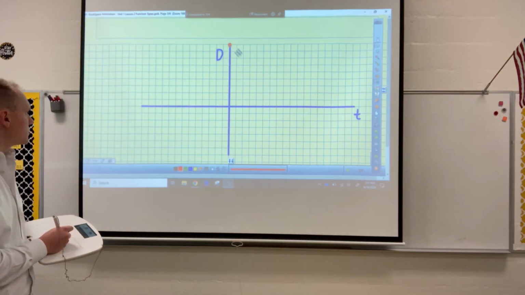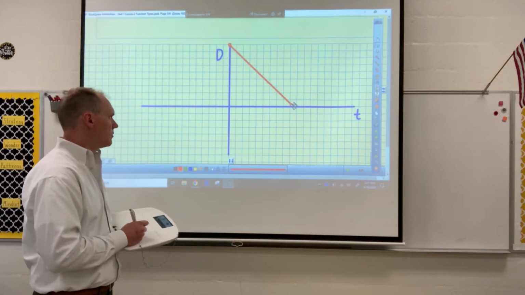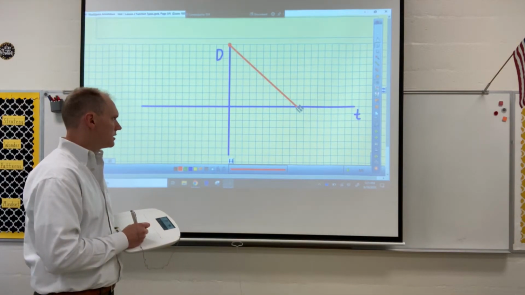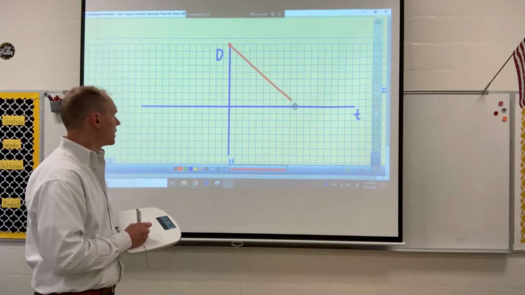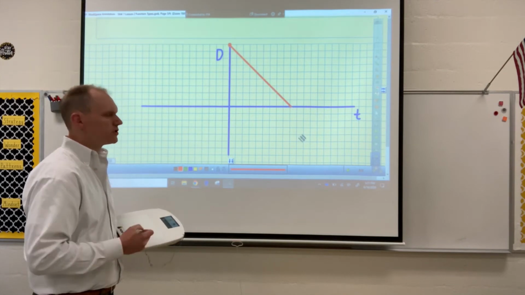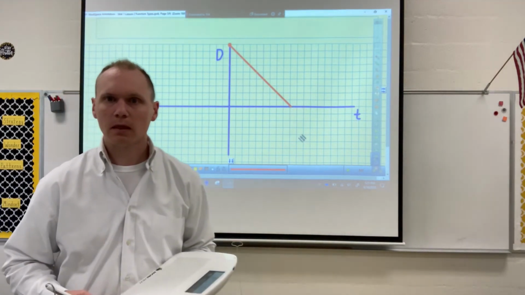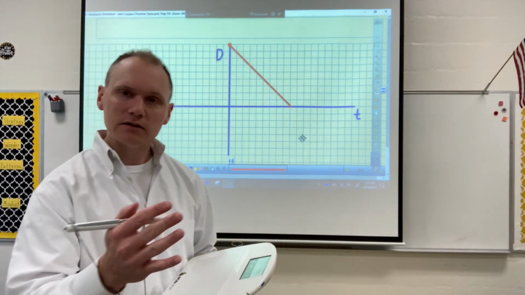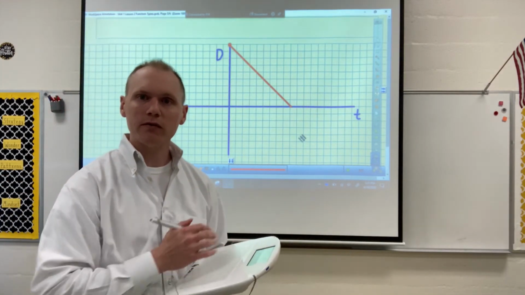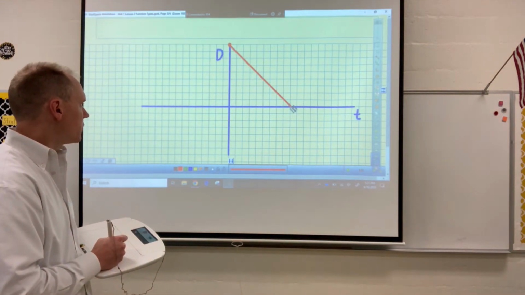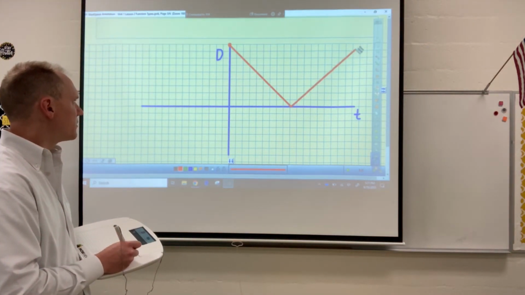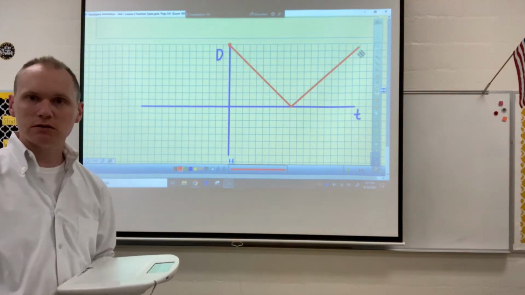It got closer and closer to the camera, and then maybe 8 or 9 seconds in, it got the closest it could to the camera. We'll say 0 just for the sake of it. And then once it passed the camera, it started to get further and further away from the camera again. So it reached the closest point to the camera, but then it started to separate from the camera again at a constant speed.